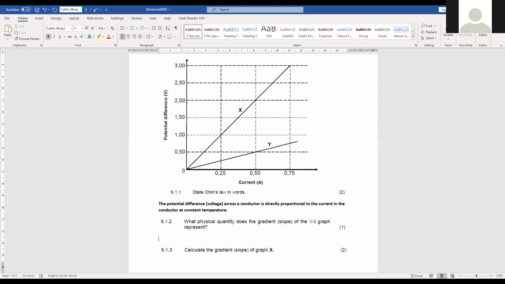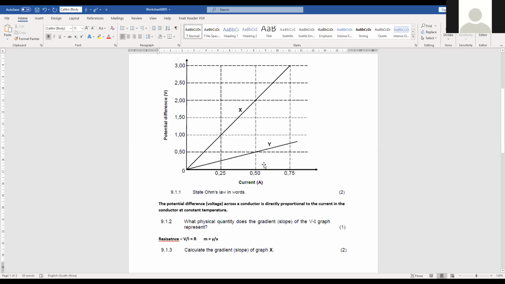It is your resistance. So always remember that V divided by I is equal to R. And in this case, your potential difference is your Y, your current is your X. So slope M is equal to change in Y over change in X. So it's change in potential difference over current. Does that make sense to everyone?